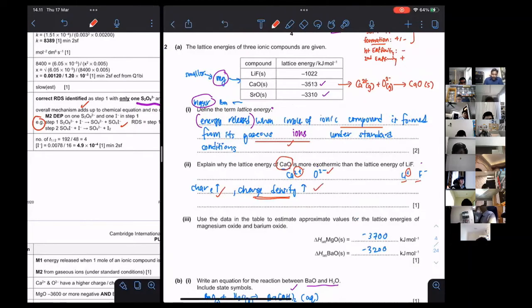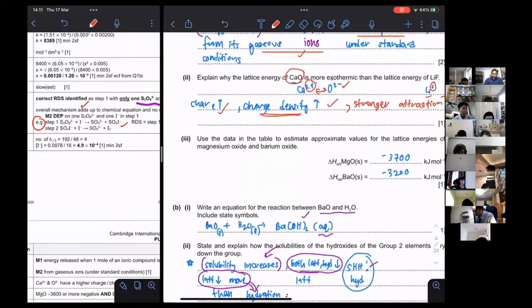You just need to write down stronger attraction between these ions compared to Li plus and F minus. Therefore, they are going to release more energy when they form the bond. I hope you understand this.